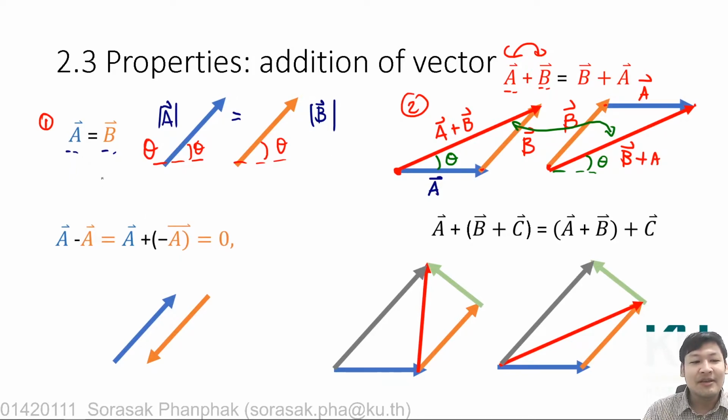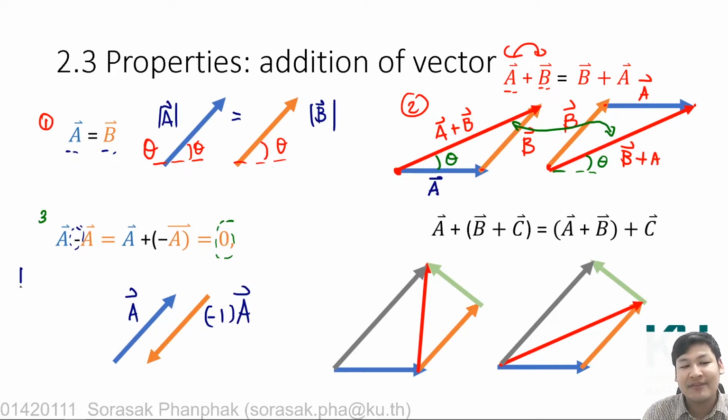Not only from these two vectors, another property is their own negative, or you can do it with itself: if you have A identically and you subtract them from each other, this vector goes to zero. For example, if you have A as a blue line and you multiply it by minus 1, you still have the same magnitude of this vector, but you flip the direction.